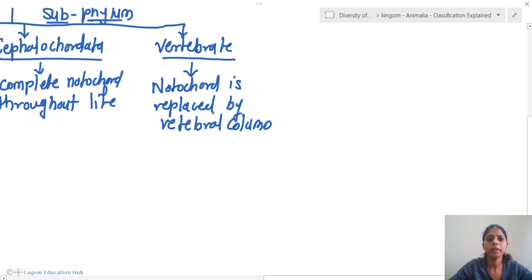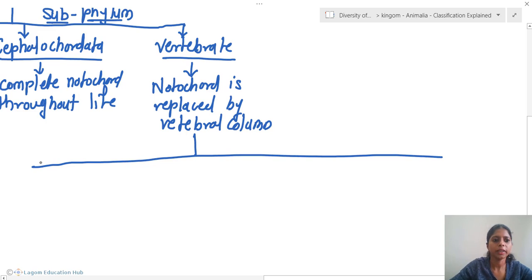So this subphylum Vertebrata is afterward divided into divisions.